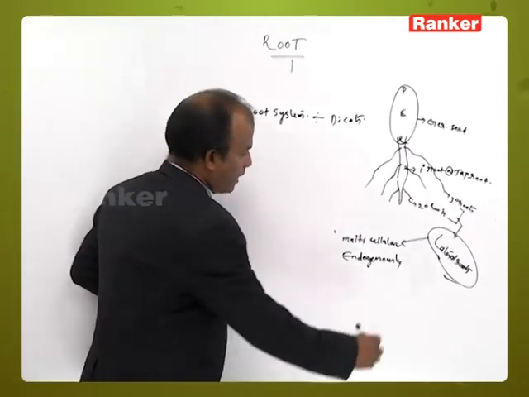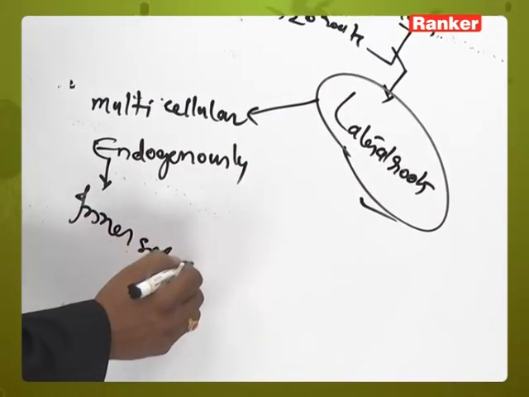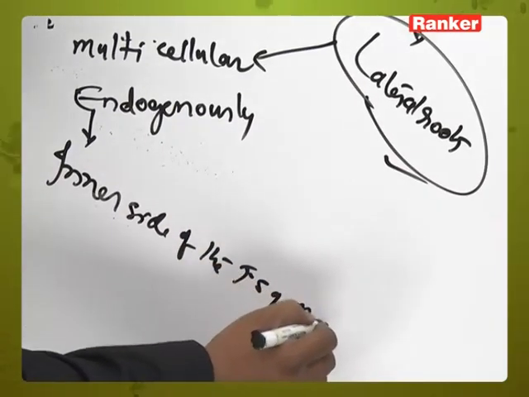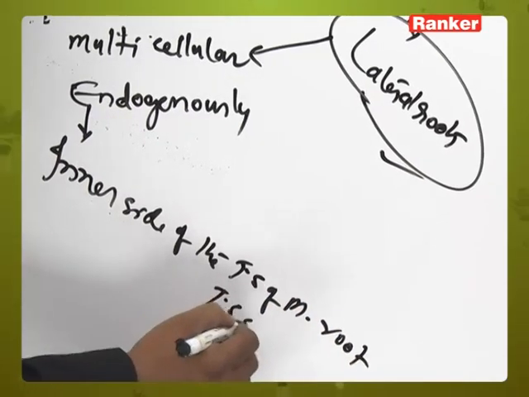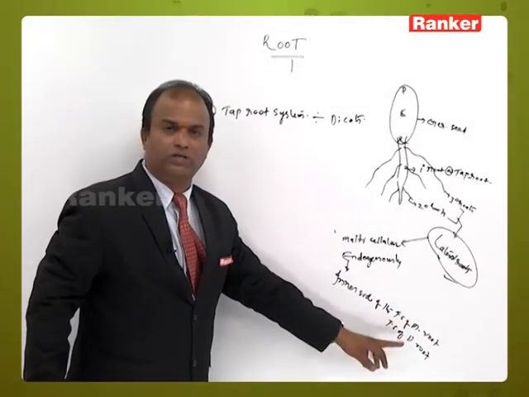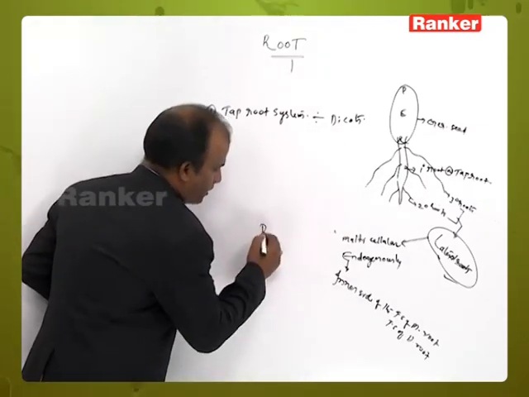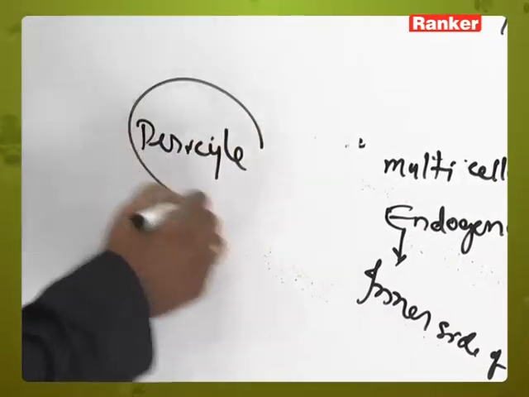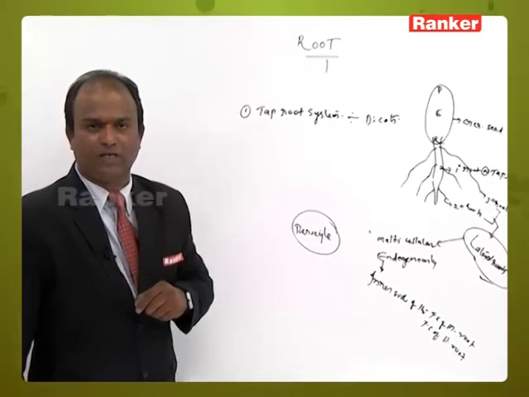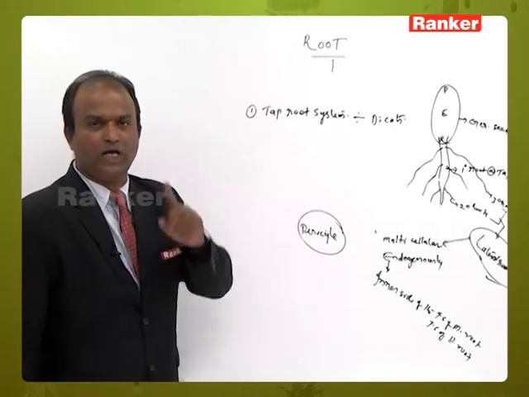Endogenous means they develop from the inner side of the TS of a monocot root or TS of a dicot root, from the pericycle, from the cells of the pericycle opposite to the protoxylem vessels.